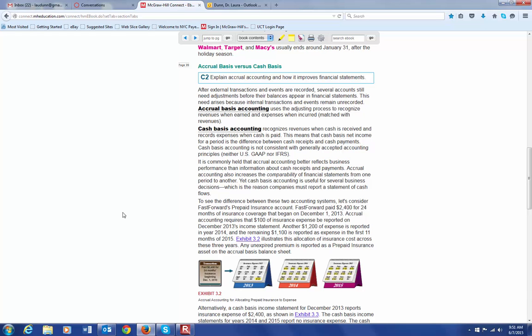At the end of January, you've already paid $2,400, but that expense is not really all to be in January. That expense is to be stretched out over the whole year. So your financial statements at the end of January should not show $2,400 in rent expense, because it should only show $200, because the expense for that particular month is only $200. So even though you've already paid it, you want the expense to be shown $200 a month for the whole year, not $2,400 in January.